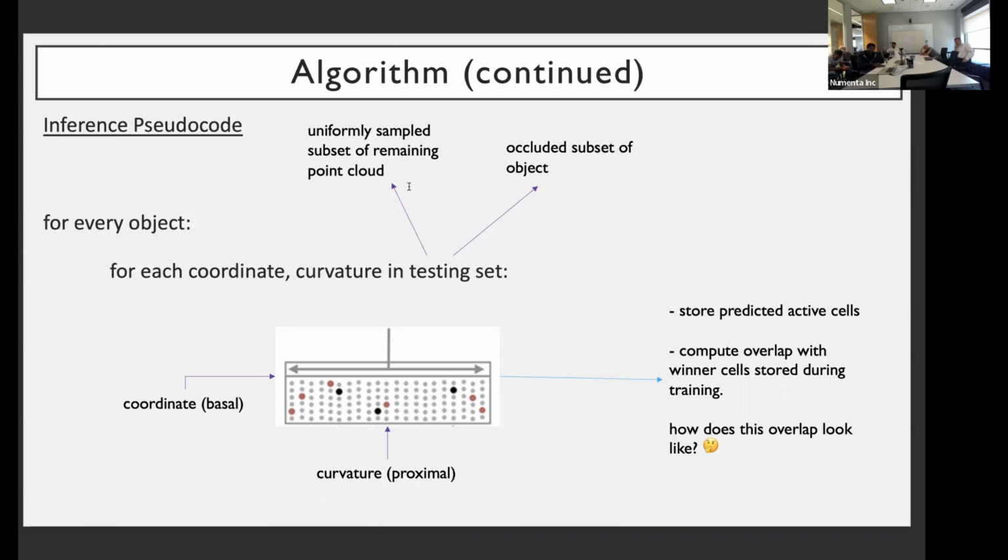I'll show cases where both work. The goal during testing is to store the predicted active cells. After I iterate through all the coordinates and curvatures, and through all the objects, I compute the overlap with the winner cells that I stored during training. On the next slide, I'll show a visualization of what computing this overlap looks like.